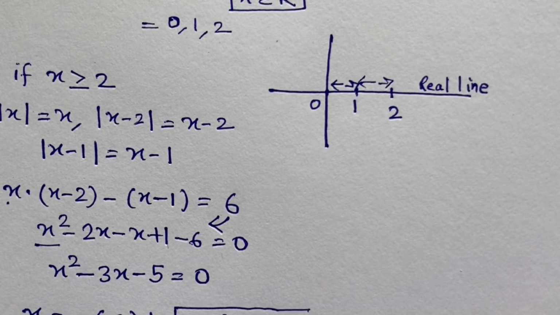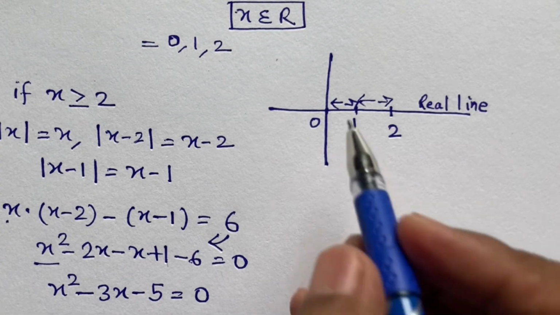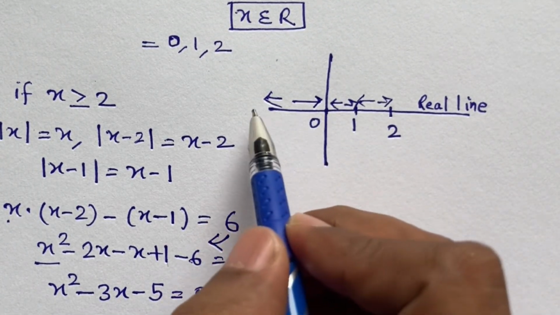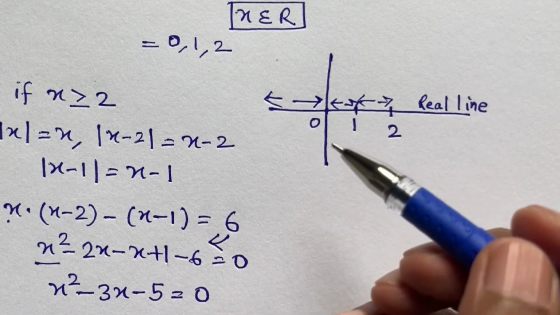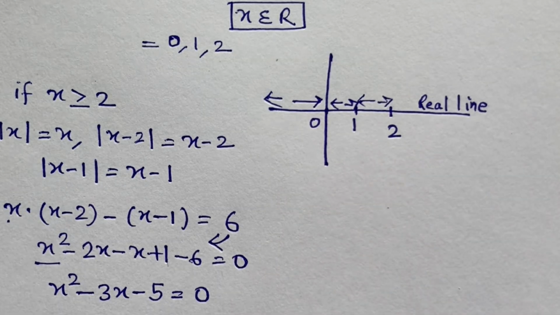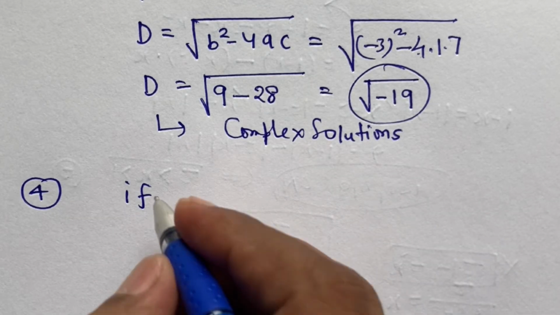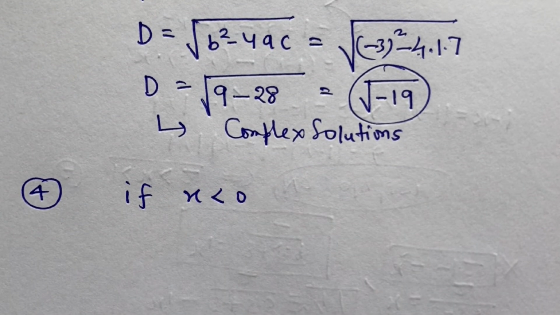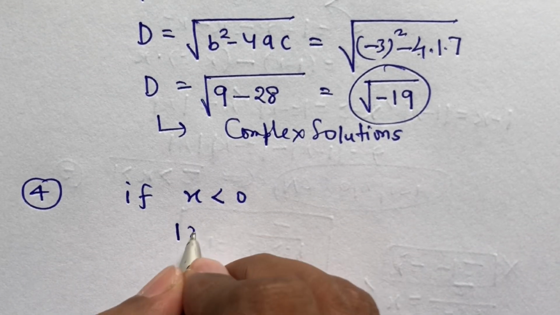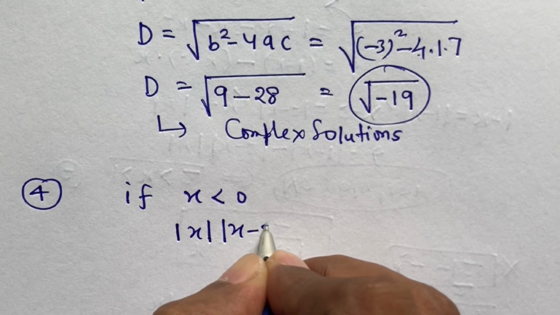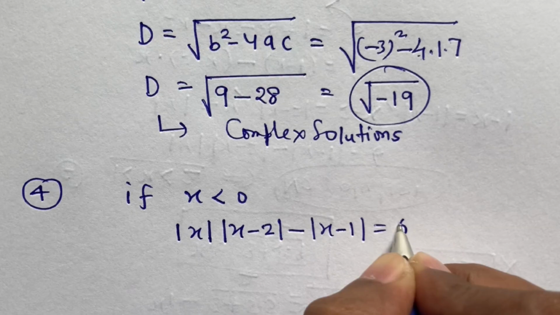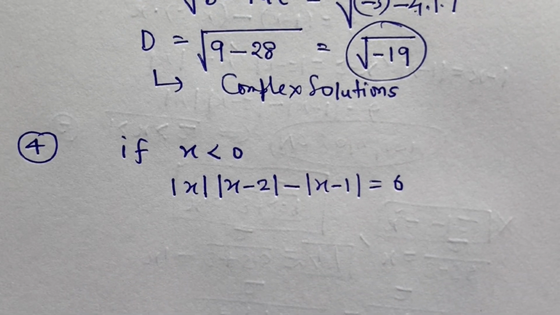Now in the next condition, we are going to check for x less than 0. For this area, when x is less than 0, we are going to check if x has any real solution. So if x is less than 0, our main equation is mod of x times mod of x minus 2 minus mod of x minus 1 equals 6.